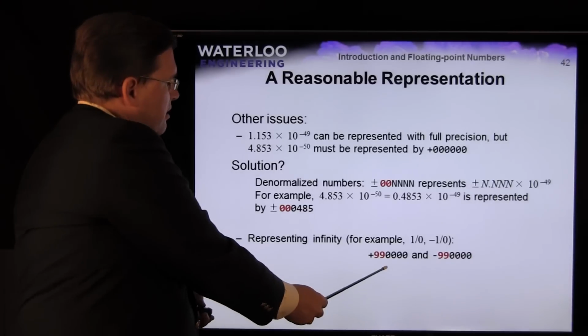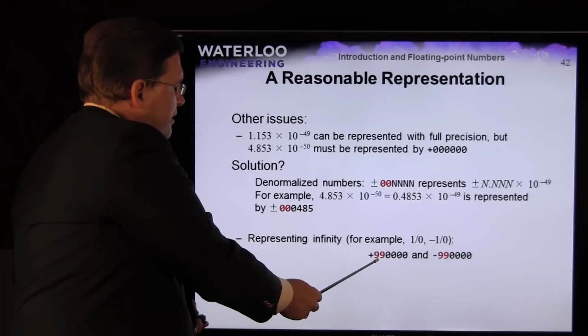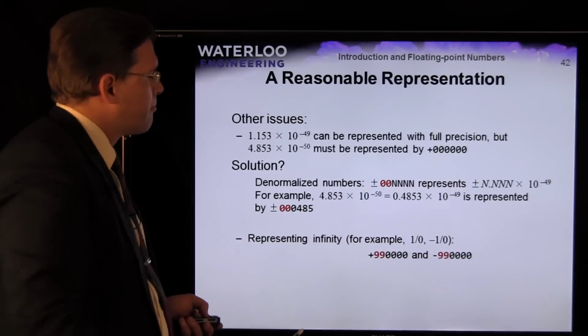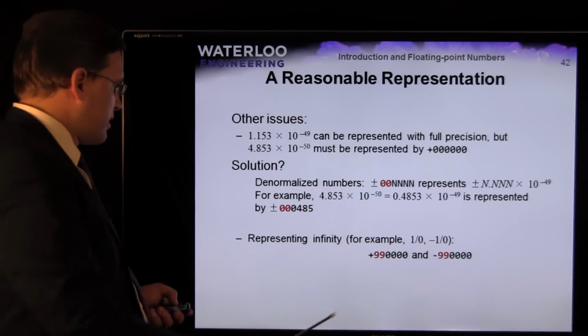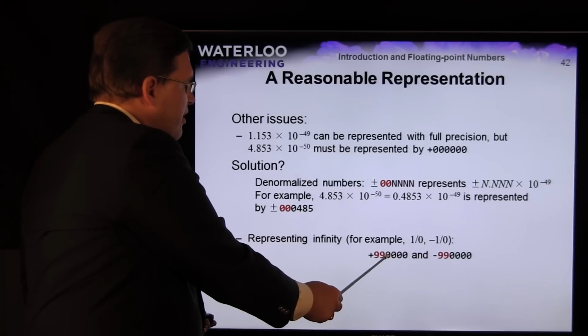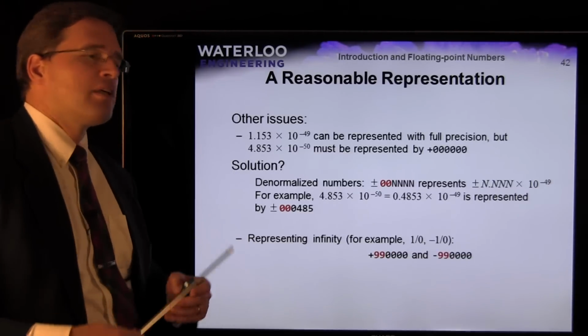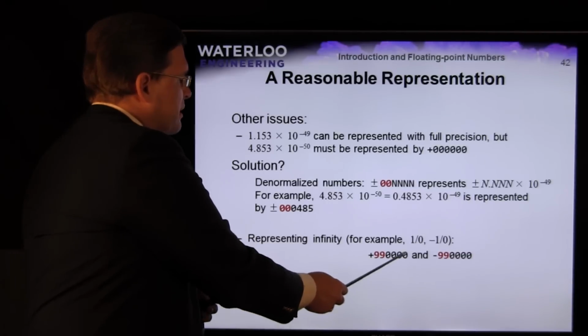So infinity is going to be represented by 99000. Why does this work? Because if it represented anything else, that first value there must be 0.